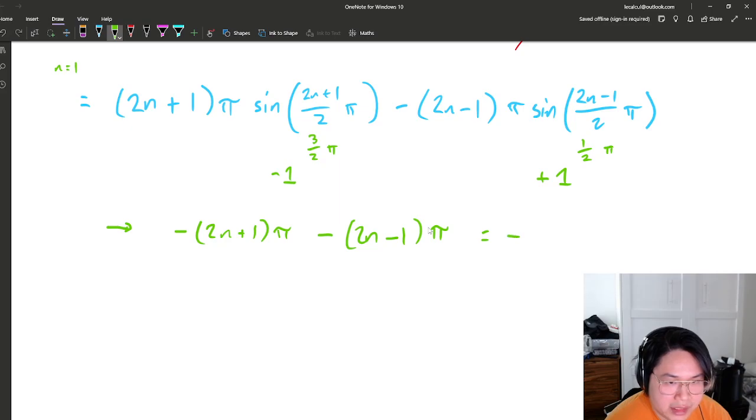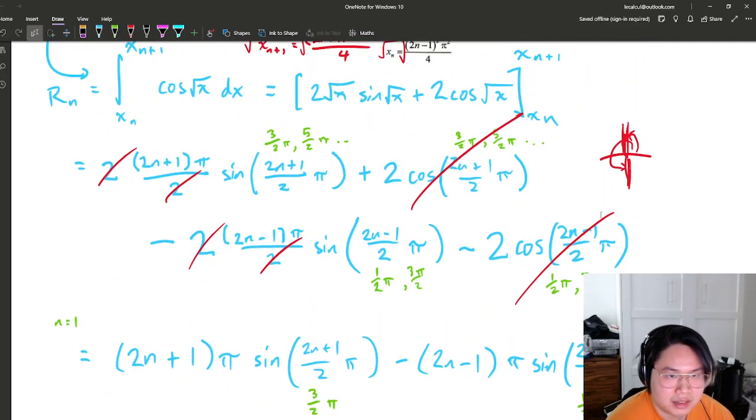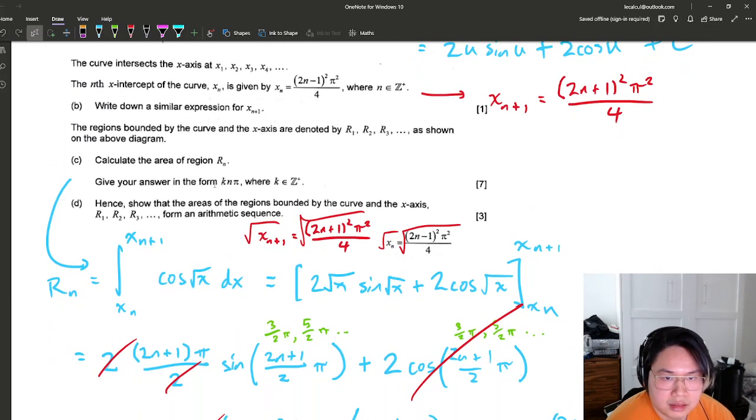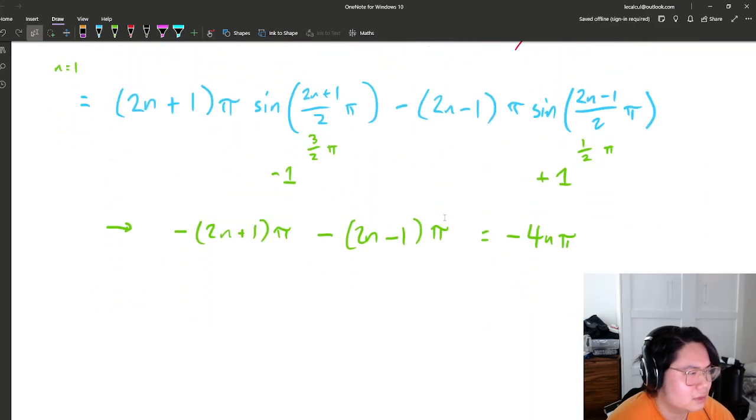So we will have negative 4n pi, and then this is minus 1 pi and this is plus 1 pi, so let's cancel that one. This looks pretty good. This is what they wanted the answer to be, at least in this form. But k needs to be positive, and I got a negative. What? Okay, let me try it when n is 2.